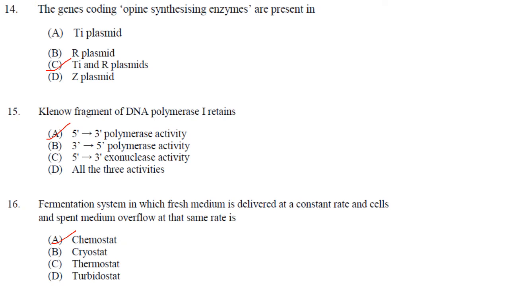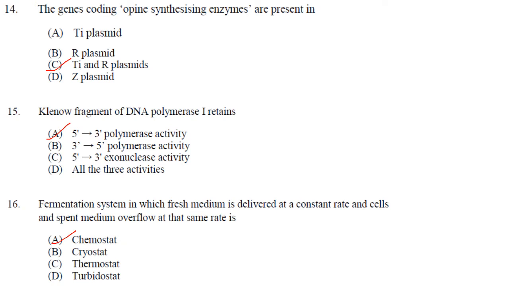So what they have asked here is what the Klenow fragment retains. It retains 5' to 3' polymerase activity. It is not 3' to 5' polymerase activity, it is 3' to 5' exonuclease activity. And option C, that is 5' to 3' exonuclease activity, is actually lost by the Klenow fragment. It is not present in Klenow fragment.